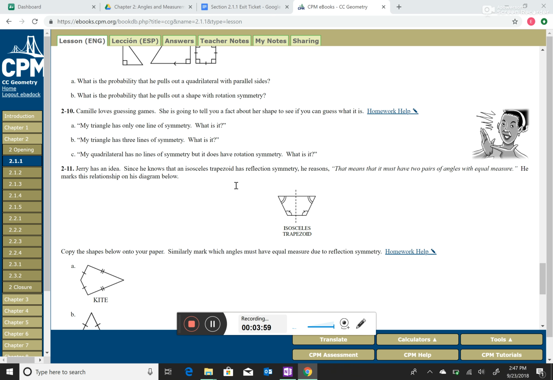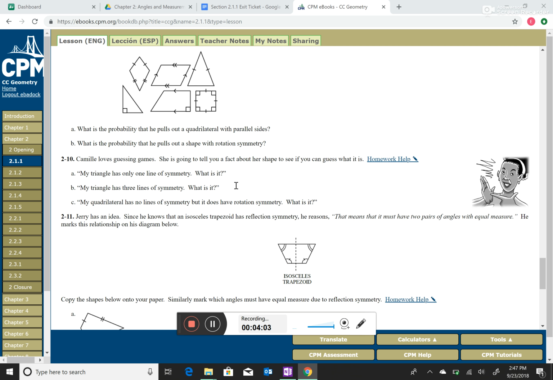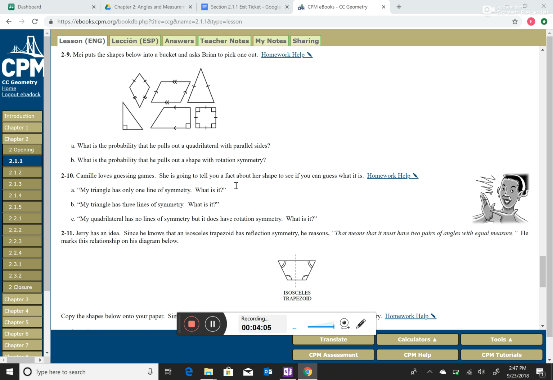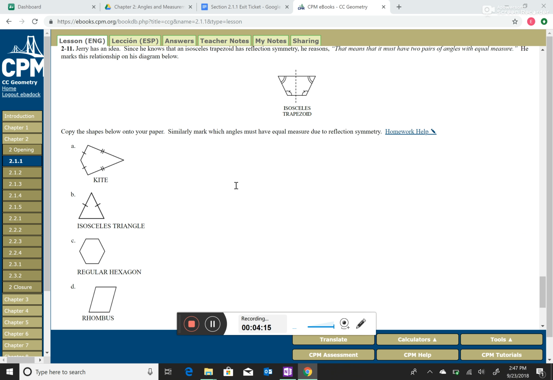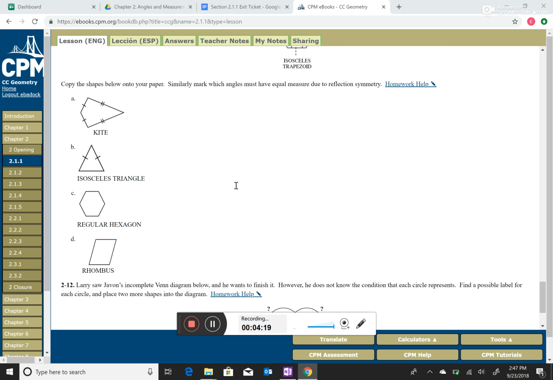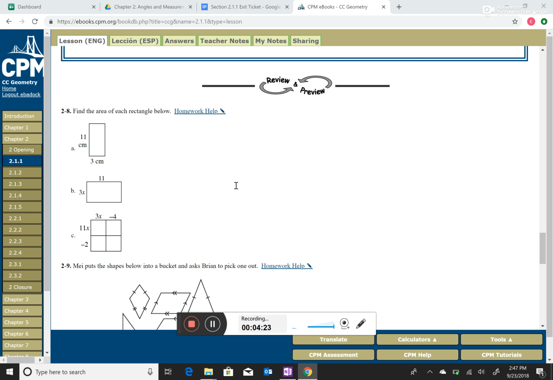If you want a little more review practice, visit those questions when you have time, even if it's just reading them and saying, yes, I know what's going on. But other than that, I think 2.11 is really important because it talks about reflection symmetry, which is one of the last topics we hit. And I think 2.8 is something we're going to see more of in the next section, so that's why I want to hit that problem.